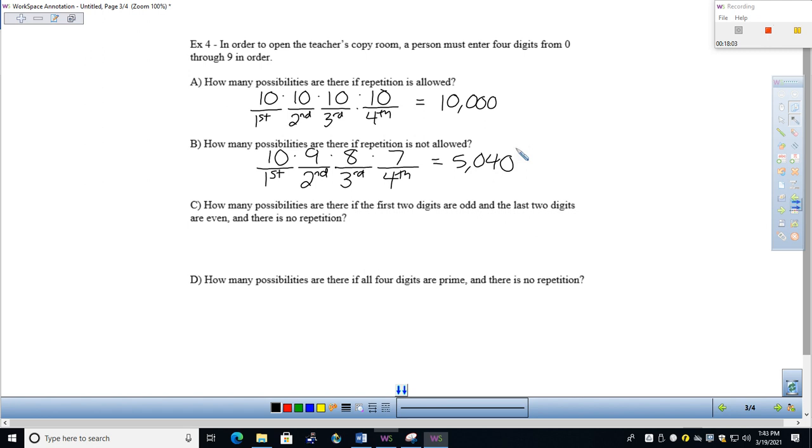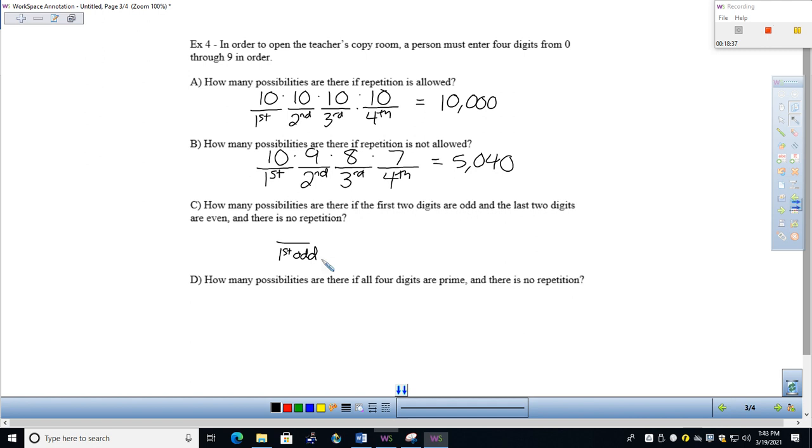Okay, very good. Now let's throw in another little curveball here if we can. So how many possibilities are there if the first 2 digits are odd and the last 2 digits are even and there is no repetition? All right, so we have some conditions that we specifically have to deal with. So first order of business, of course, is to punch in that first one. So the first one has to be odd.